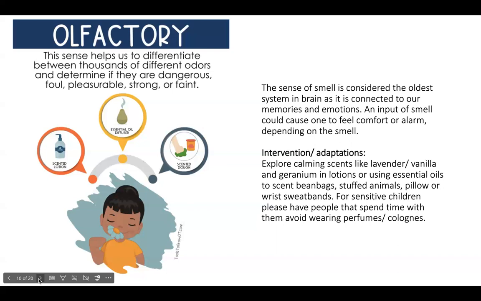Some children we've even had where they can be overwhelmed by other smells. So we put a little wristband on their hand and give them a scent that they're comfortable with. Sometimes we really just use vanilla cooking oil, a little dab of that on a sweatband. If the child enjoys it, we've seen them use that as a calming routine if they get overwhelmed by another sense.